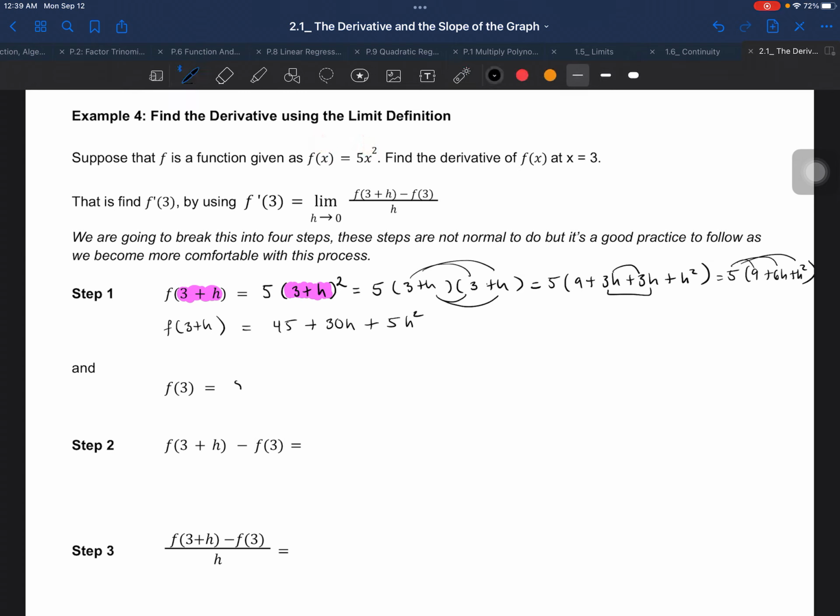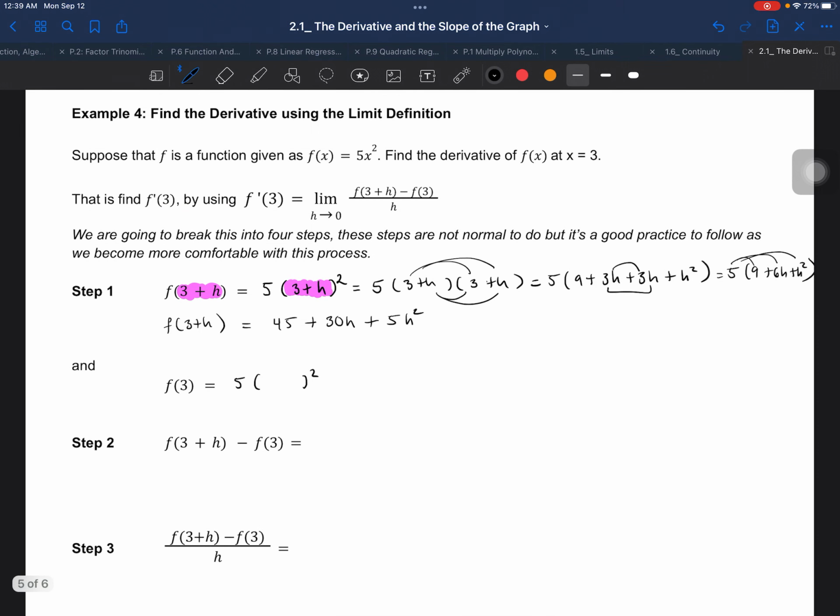So we're doing the same thing, 5 parentheses squared. So that means we're gonna plug in 3 in here. I'm just gonna highlight it real quick here. That number is gonna go here, right? And so we're gonna get a 3, and that's just gonna be a simple number, right?